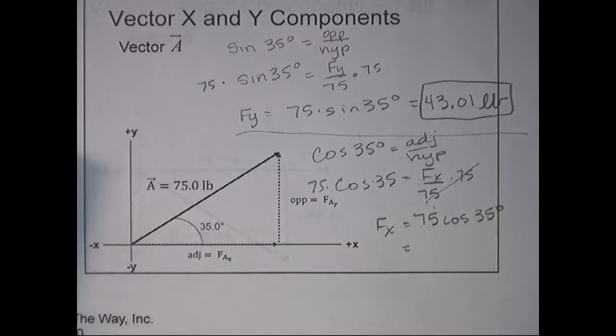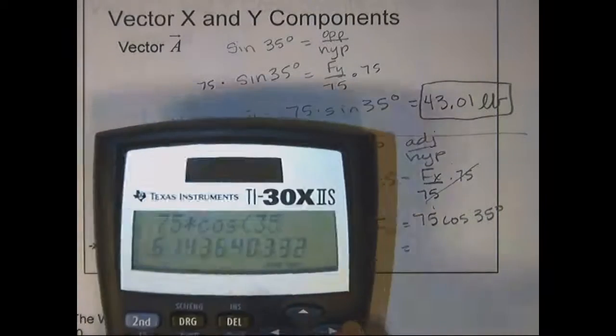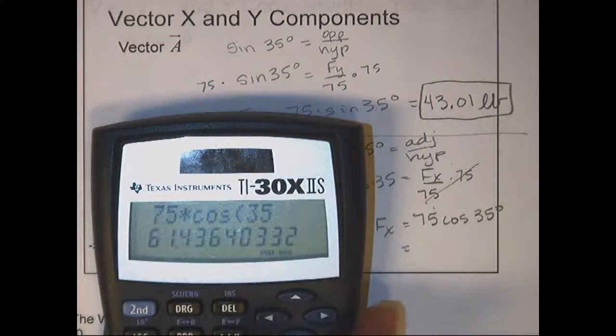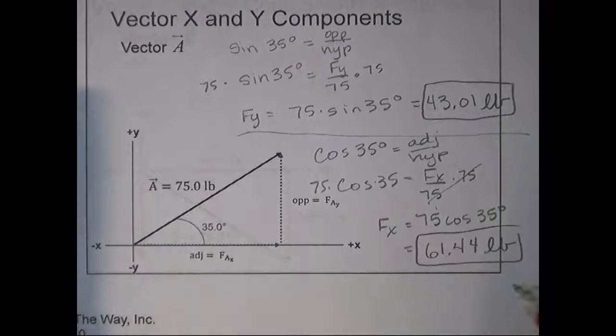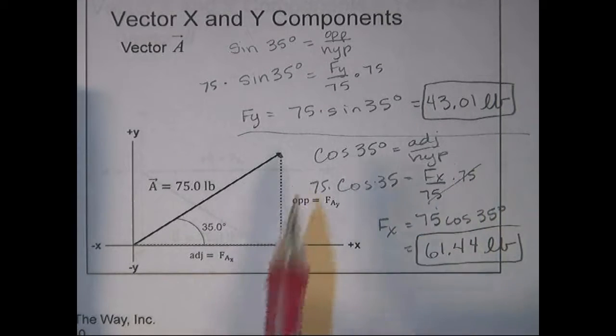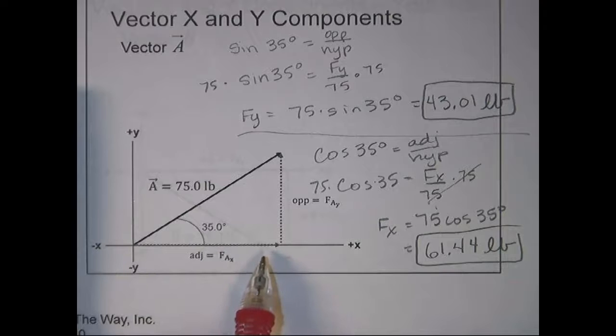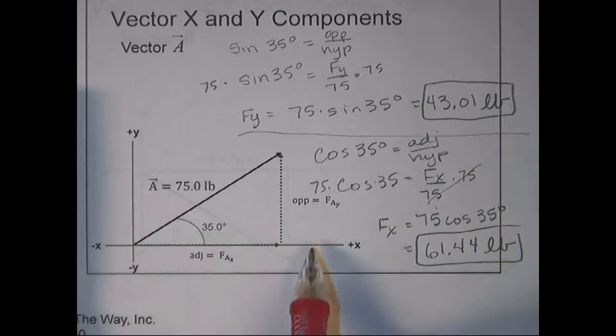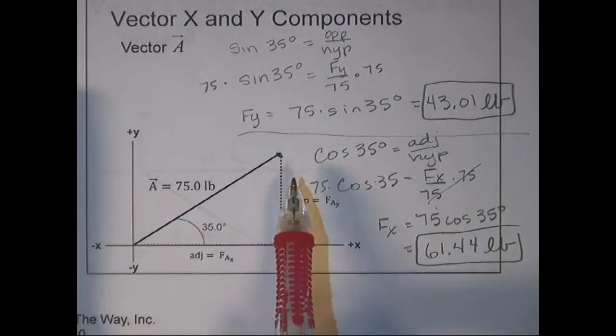Plug that in our calculator, giving us 61.44 pounds in the x direction. So this part here is 61 pounds worth going this way and 43 pounds going that way.